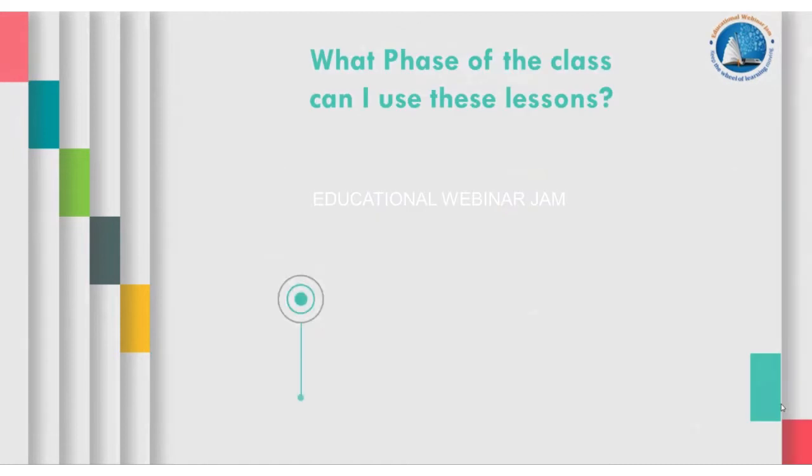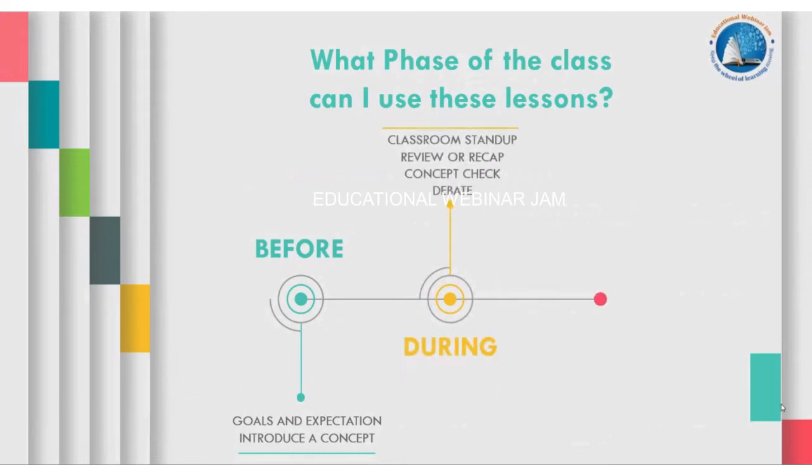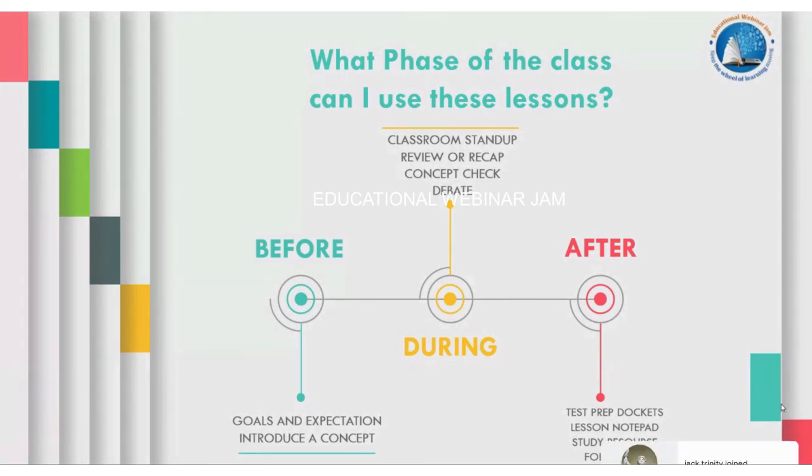So what phase of the class can I use these lessons in? We as teachers don't just look at a holistic view. We think about different phases and how we can present something in a class. Sometimes we need it at the beginning, just before the class, even a day before, when you want to send something to a student to activate the schema or the background knowledge, and to help you plan for the next day.